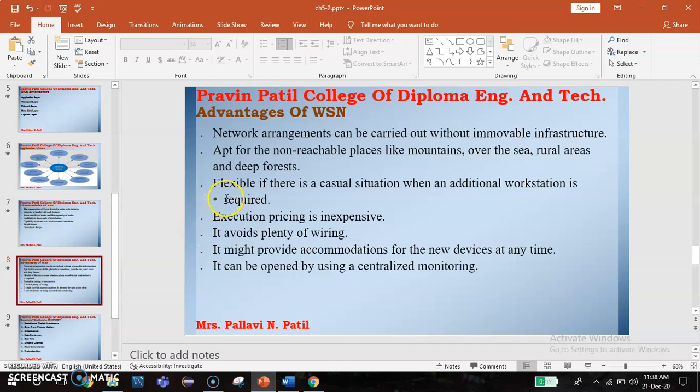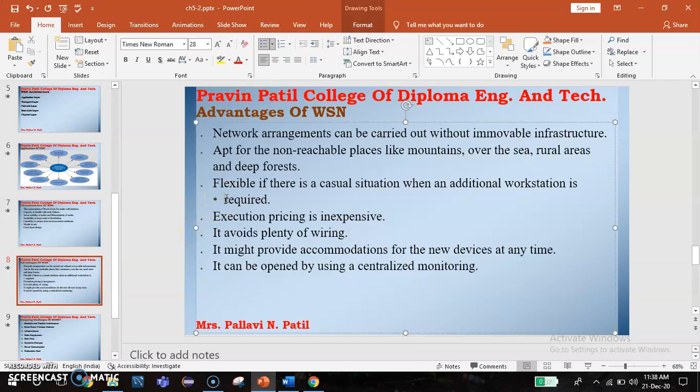The next is that the execution pricing is inexpensive. It avoids plenty of wiring. It might provide accommodation for new devices at any time. It can be obtained by using centralized monitoring. These are the different advantages of the wireless sensor network. It's also a flexible network and adopts change capacity.